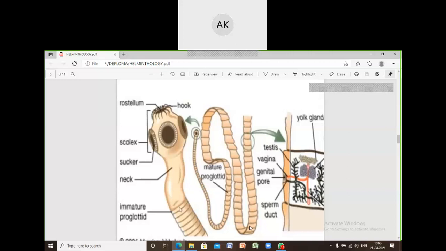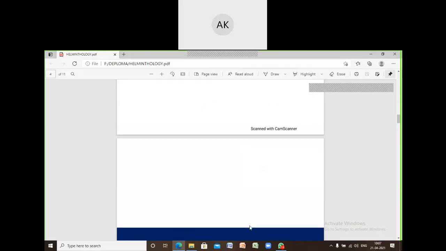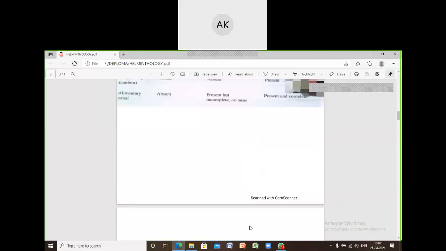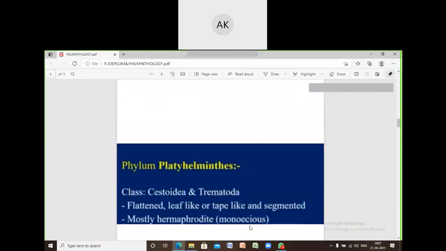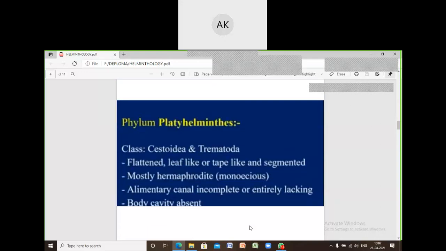So what was the classification that we studied? Platyhelminths and nematohelminths, right? But in your syllabus, it is given to study the platyhelminths. Under platyhelminths, as I've already said, there are cestodes and trematodes. Here it is the same as the differences we have already studied.